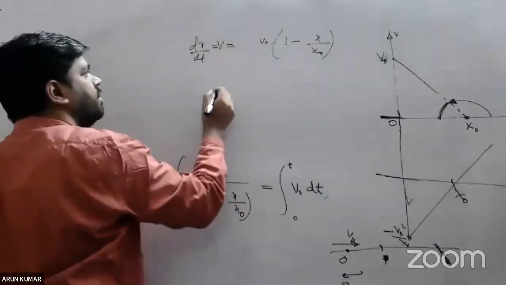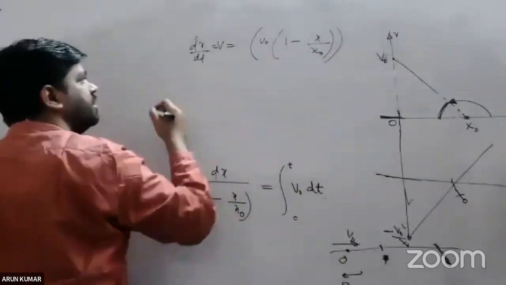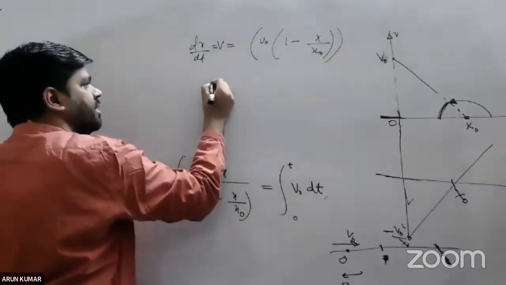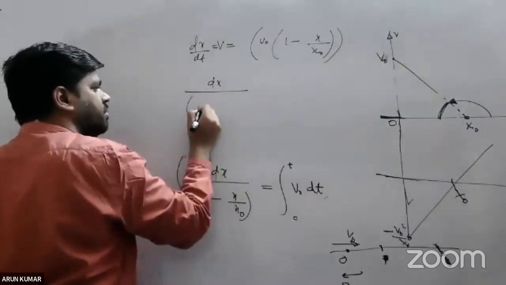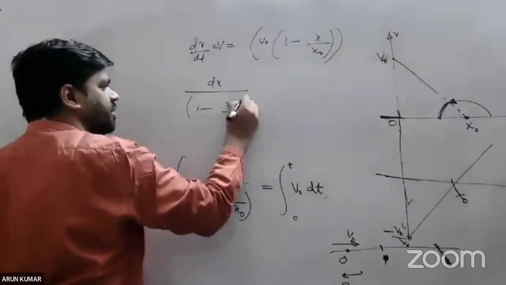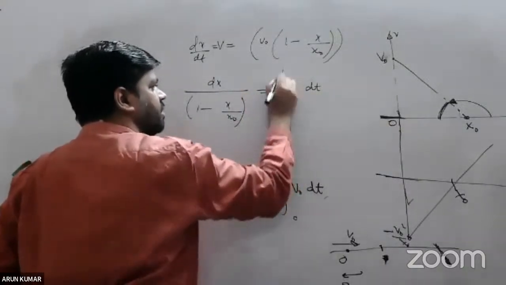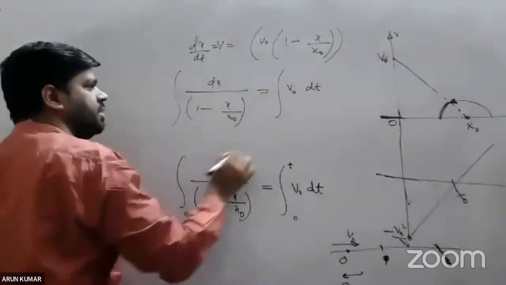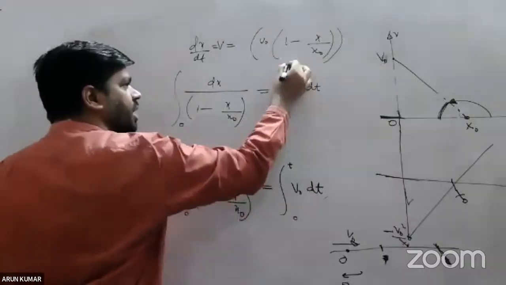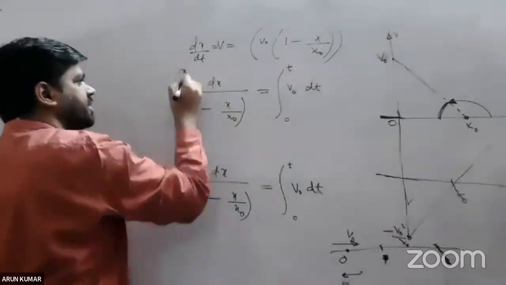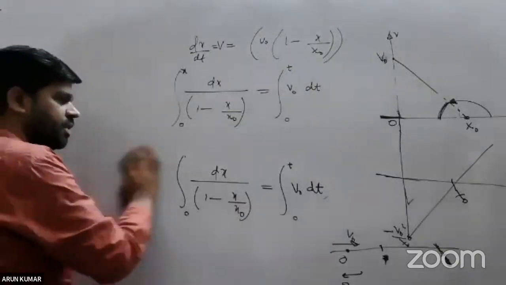If I take this as a function of x, I take this whole function to the denominator on the left hand side, I get dx by 1 minus x by x naught is equal to v naught into dt. I integrate on both sides. At t equal to 0, my position is 0. At t equal to t, my position is x. Alright, that's how I got this equation.